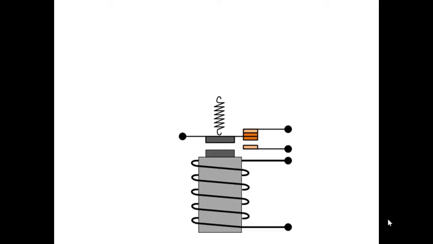Another look at our illustration of a contact relay. We have one Form C set of contacts. We have a common, normally open, normally closed. And remember that these contacts are used to examine the state of the coil to see if what is controlling the coil is on or off.